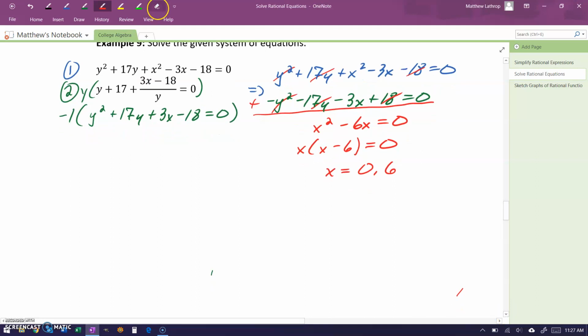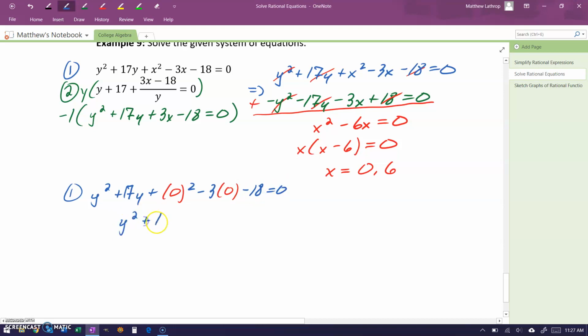From there, we need to go back and find out what our corresponding values for y would be. If we go back to equation 1, we can plug in our value of x is equal to 0, which will give us y squared plus 17y minus 18 is equal to 0.